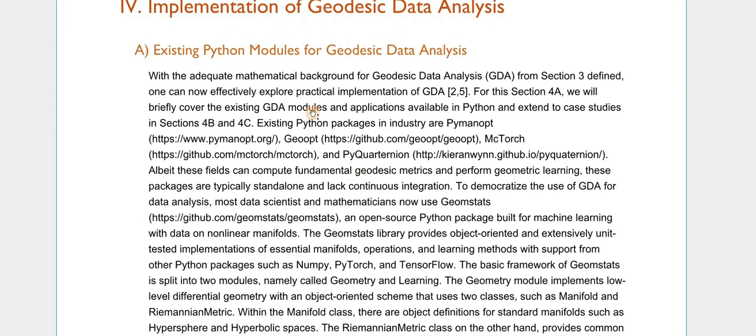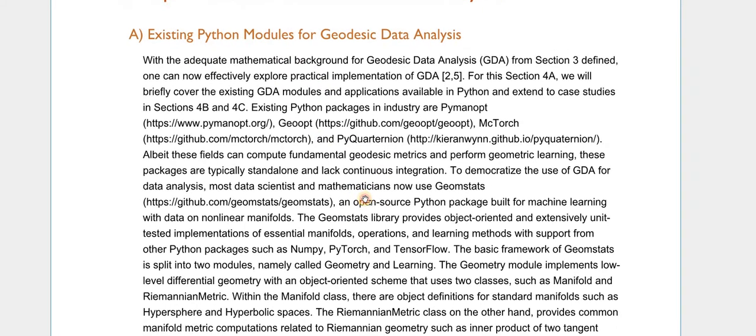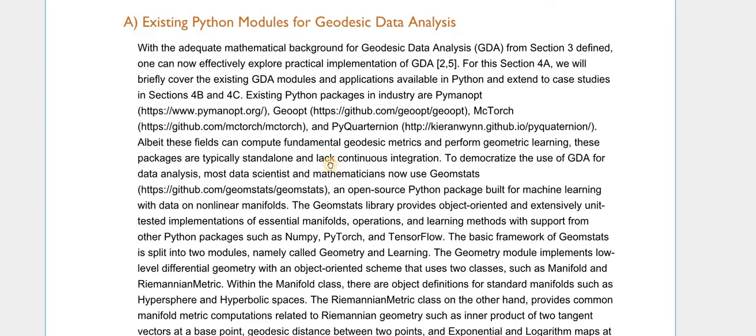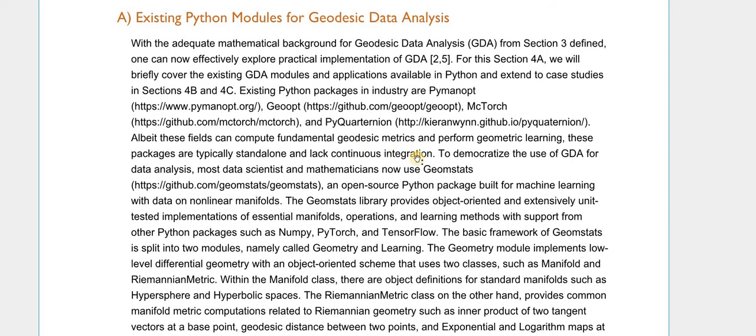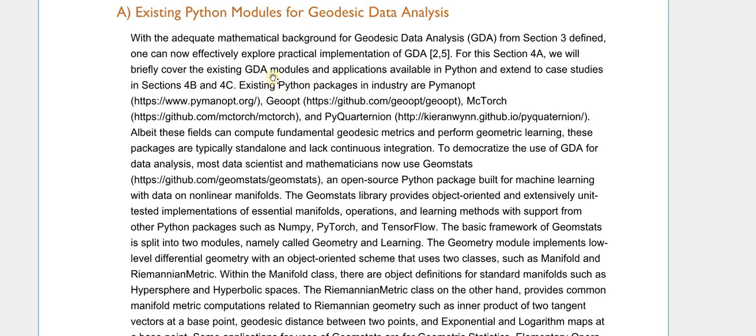Before that, let's talk about some of the existing Python modules that are already used out there. And there's a lot. I'm actually surprised, because this is quite complicated. In essence, the existing Python packages that are already out there are Pymanopt, Geoopt, and then also McTorch, and PyRiemann.